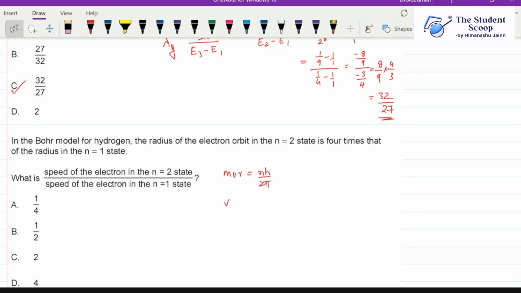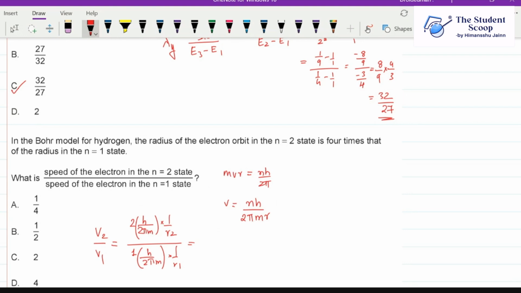So it means v is equal to nh by 2 pi mr. Now, only n is changing; h, 2 pi, m are all constants. So if we are talking v2 upon v1, then it will be 2 into h upon 2 pi m r2, similarly this is 1 into h by 2 pi m into r1.